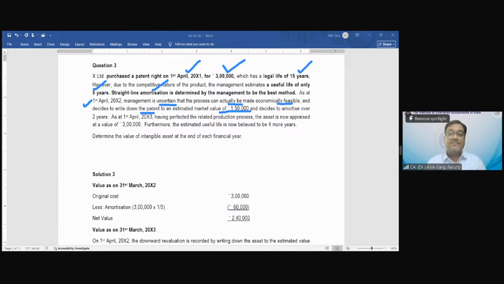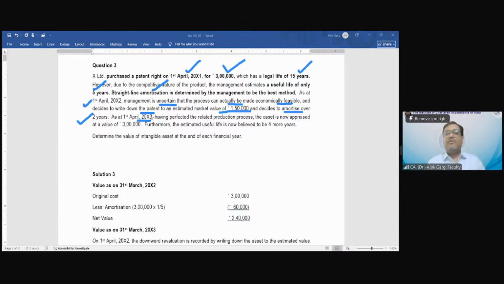So what did they do? They reduce the carrying value of the patent. They revalue the patent at 1.5 lakh rupees and decide to amortize over 2 years. And they have also reduced the useful life.